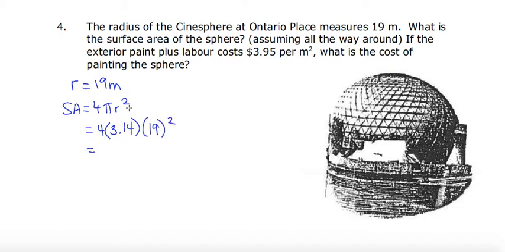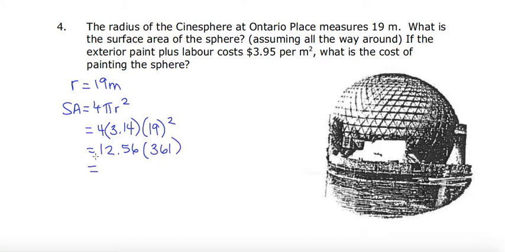So I can multiply my 4 by my 3.14 first. So that'll give me 12.56, and then I can calculate 19 squared. So 19 squared is 361.